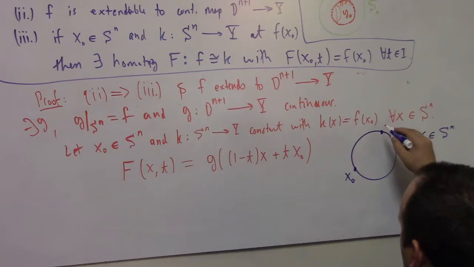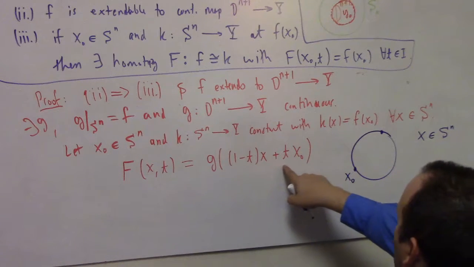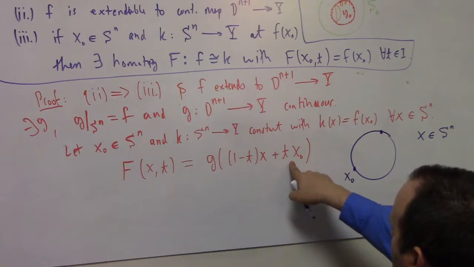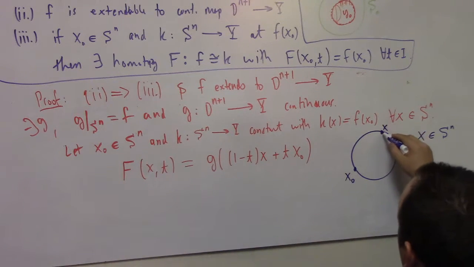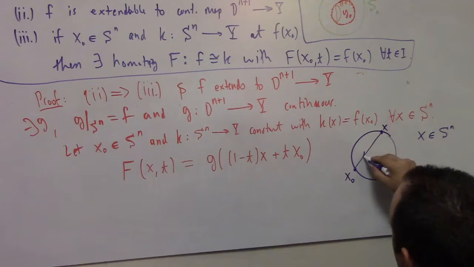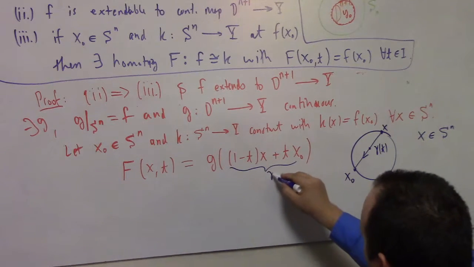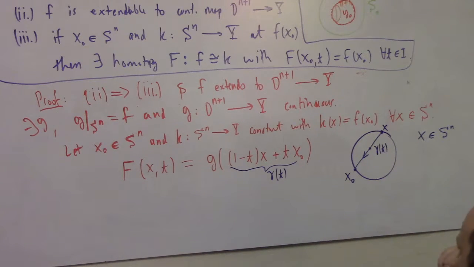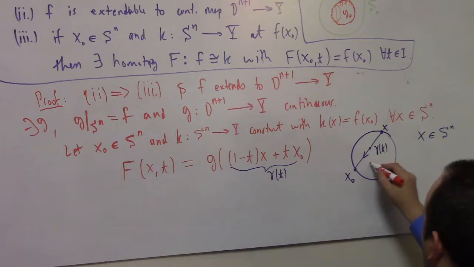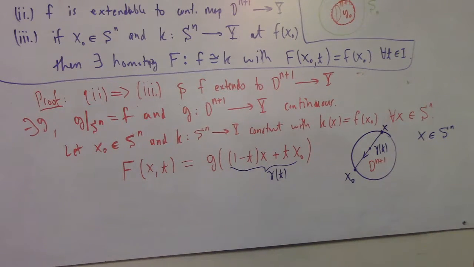This is the line: at t equals 1, it's at x naught, and at t equals 0, it's at x. So that's basically the line that goes from there to there, and here it would be, say, gamma of t, if I call this whole thing gamma. So it's fairly clear that we're not misbehaving; we're in D n plus 1, so g of that quantity makes sense.